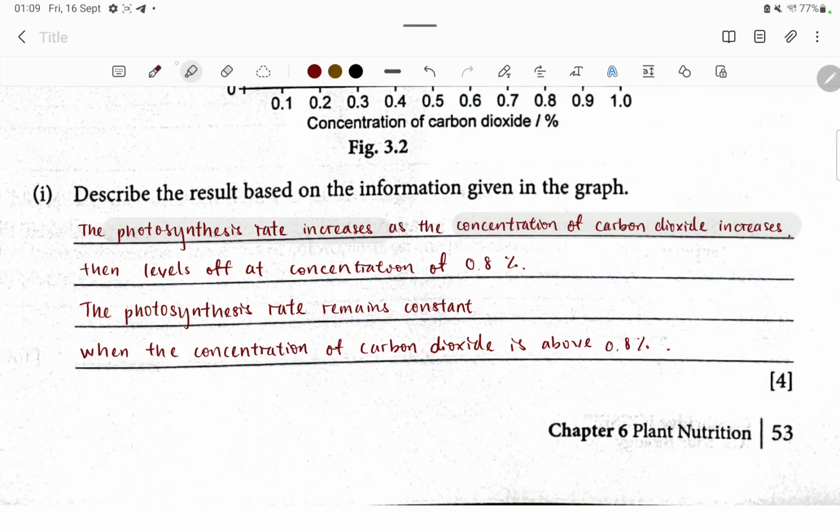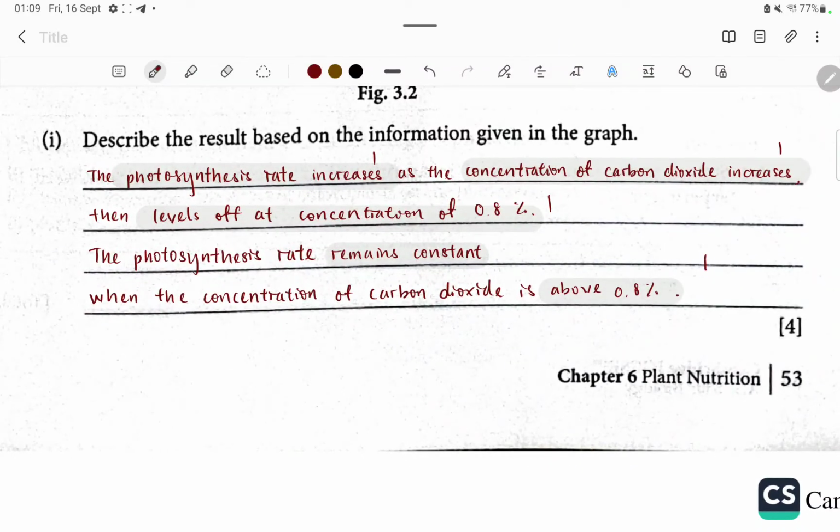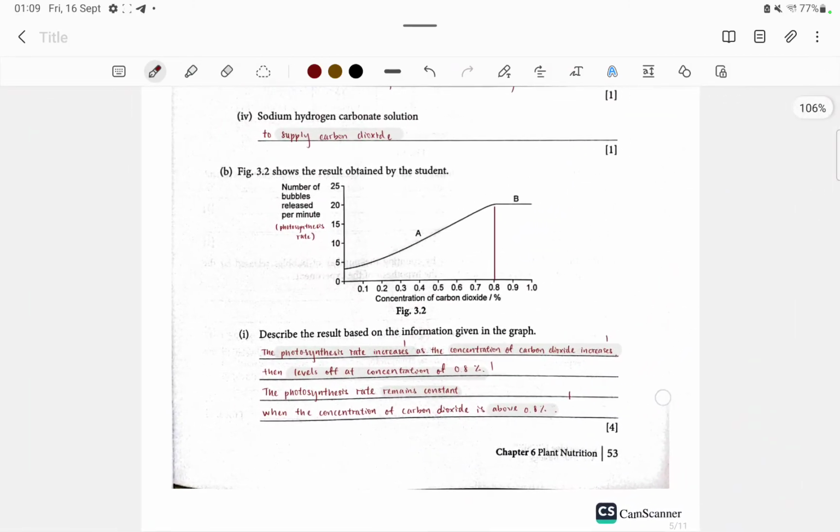This one is your first mark. And then you have to write until where? Levels off at this one, 0.8%. And then after that remains constant. And then above lah. So this one 1 mark, 2 mark, 3 mark, 4 mark.